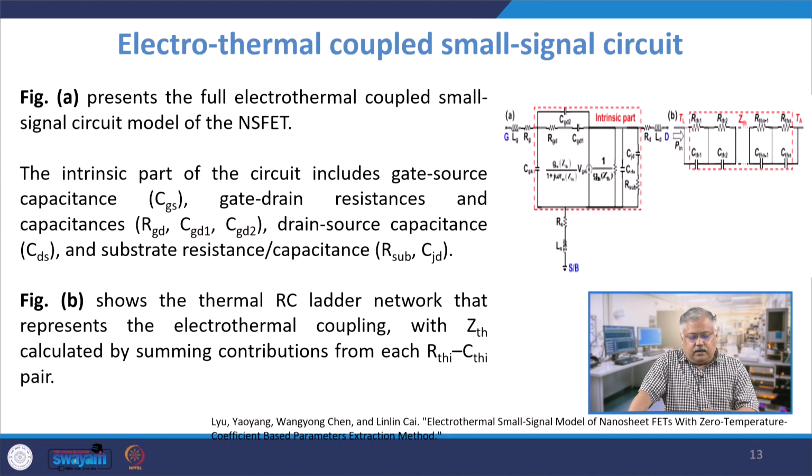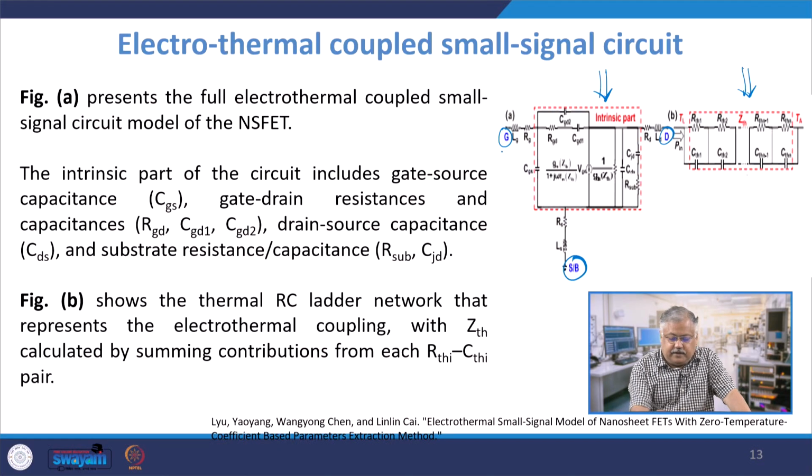Once you have done that, we will just plug those thermal resistances and capacitances into the electrothermal coupled small signal circuit. If you see, the intrinsic part is this one, and the extrinsic part is basically this one, and this is my source or bulk region, this is my drain region, this is my gate region. In the gate region, you have LG and RG coming into the picture.